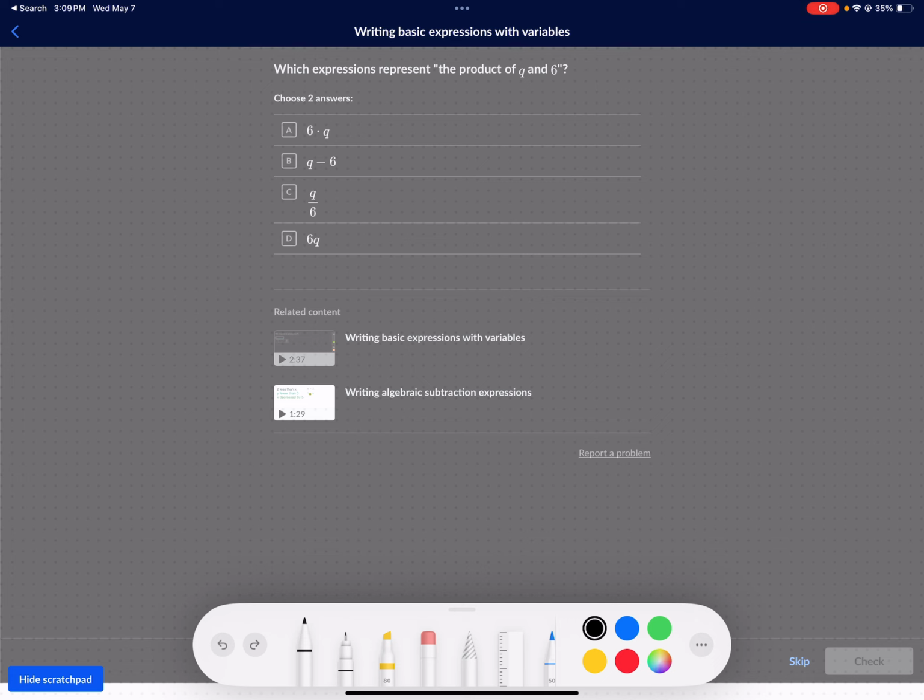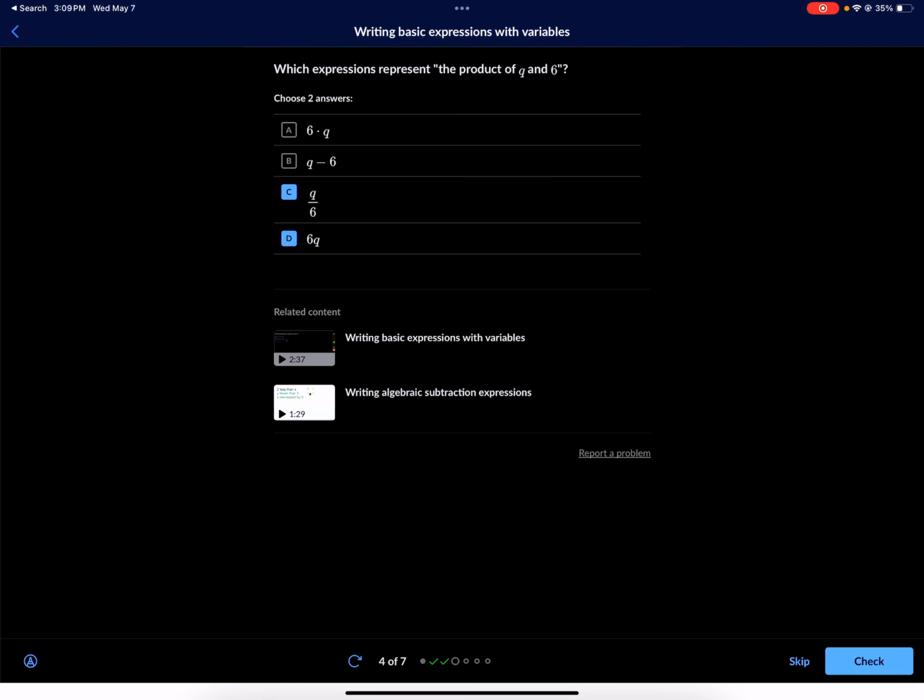We can knock out b and c immediately because b does subtraction and c does division. We want the product, multiplication. We can just look at the choices, and then we're like, boom, 6 times q, boom. 2 answers, process of elimination, d, boom. But that still follows my logic. So the answer is A and D.